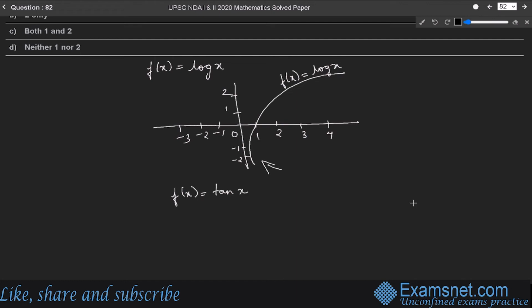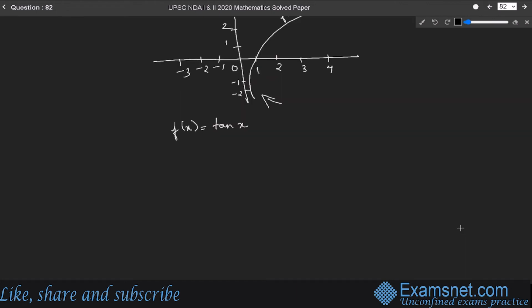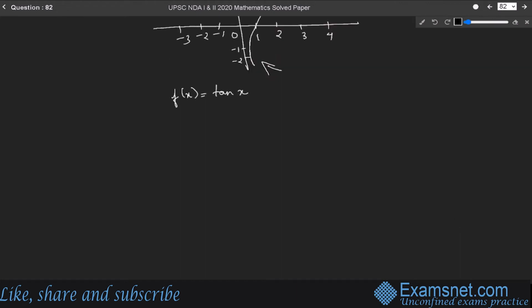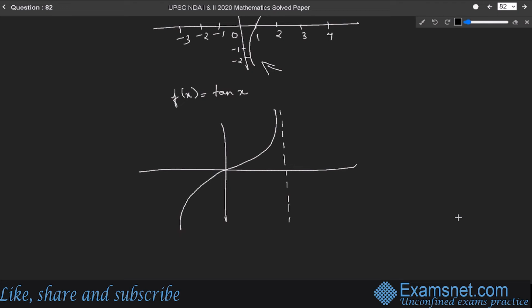So for f(x) = tan x, we can also make a graph. So let us make a graph for this function. So the graph will be somehow this way. This will be the graph, and here there will be an imaginary line. Similarly, here also there will be an imaginary line.